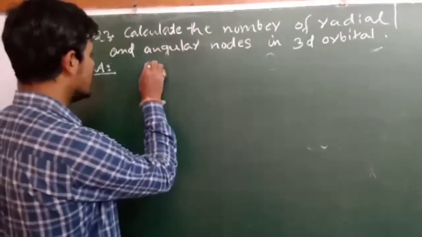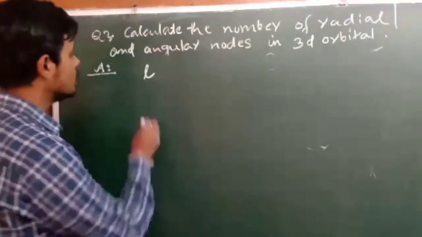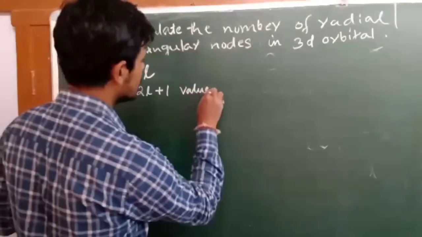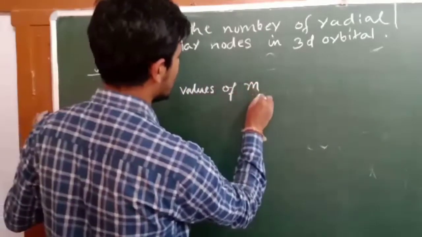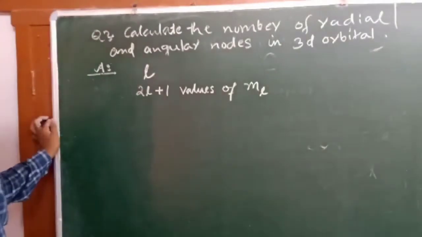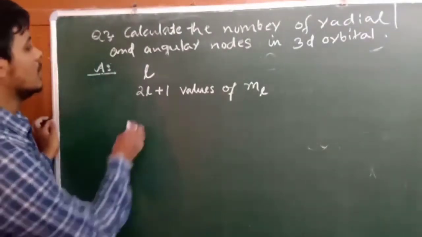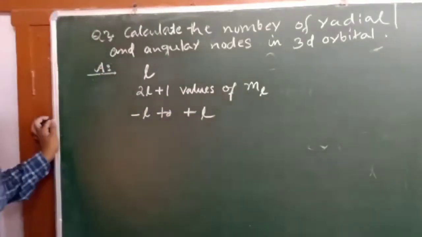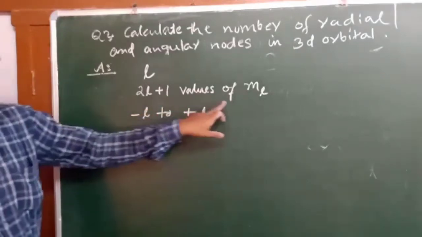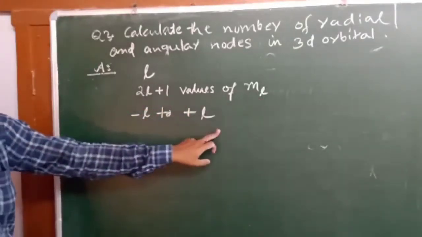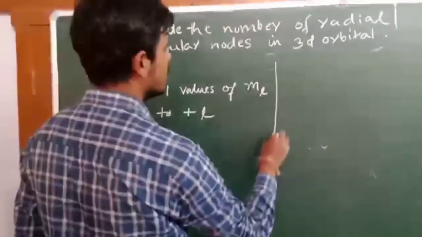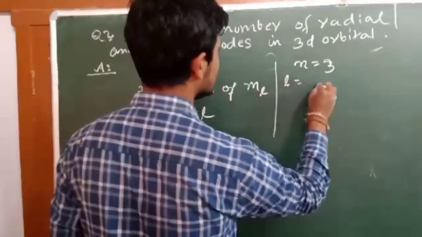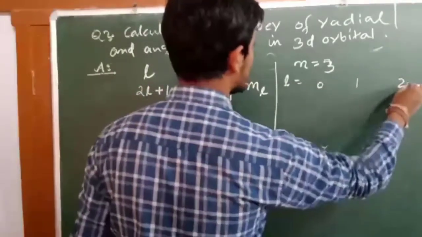For every value of l, there will be 2l plus 1 values of ml that will run from minus l to plus l. Now, for example, if I have n equals 3, I have l equals 0, l equals 1, l equals 2.